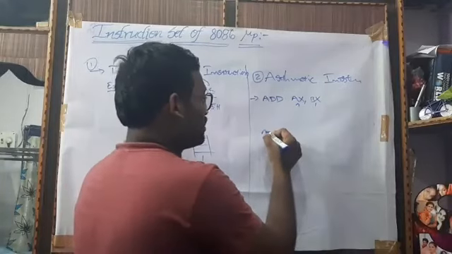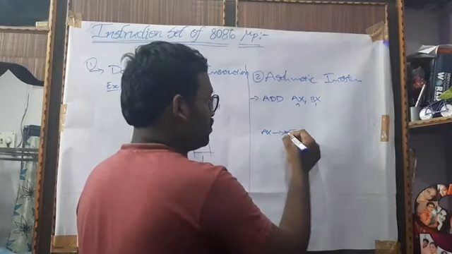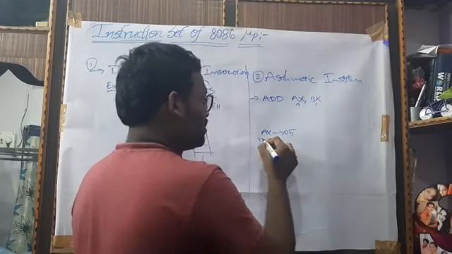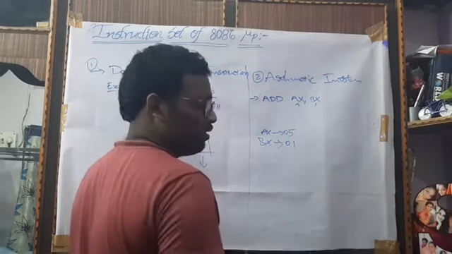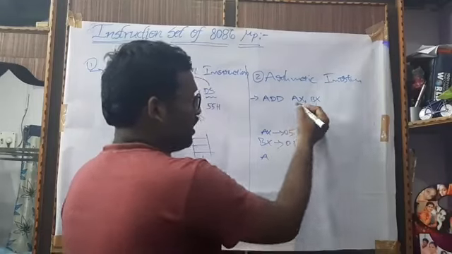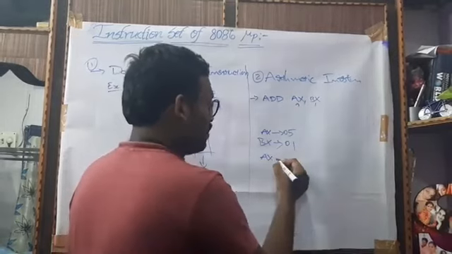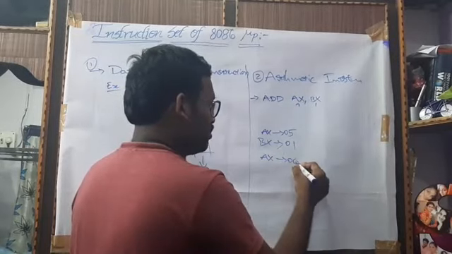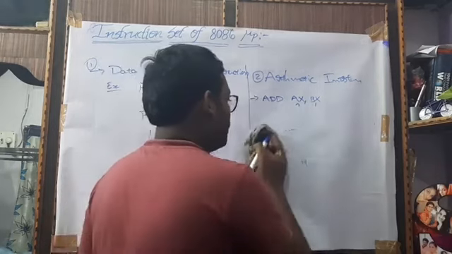Suppose AX is filled with the number 05, and BX is filled with 01. After this instruction, AX is an accumulator register, and the AX value is 06h. This is the addition operation.